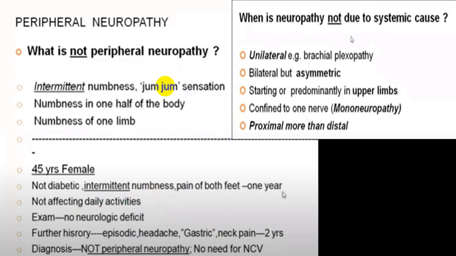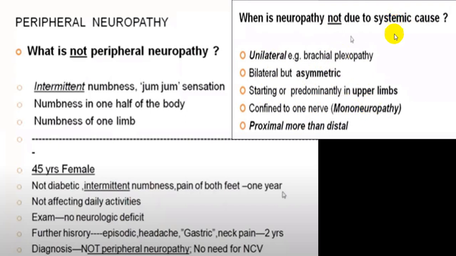What is not peripheral neuropathy? One, intermittent numbness. If a person is telling you in between is completely normal. Jump numbness. Numbness of one half of the body. Numbness of one limb. It is less likely to be peripheral neuropathy. When neuropathy is not due to systemic disease like diabetes, if it is unilateral, if it is bilateral and asymmetrical, if it is predominantly in the upper limb, or starting from the upper limb, confined to only one nerve, particularly mononeuropathy, it is less likely to be systemic.